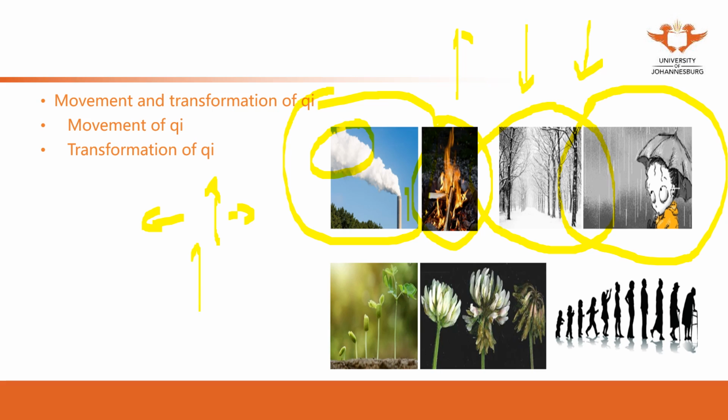So something is going downwards. From the environment, you can see all these aspects: either going upwards, becoming bigger, expanding, or going downwards. So these are the directions.